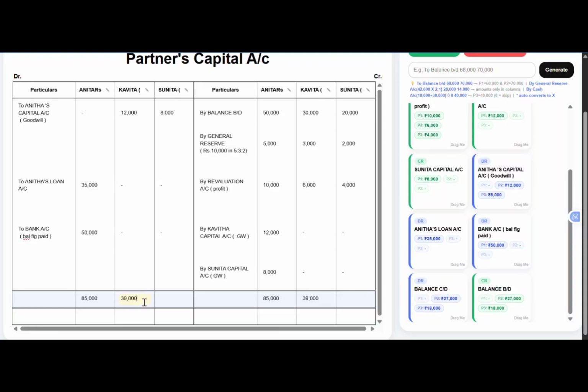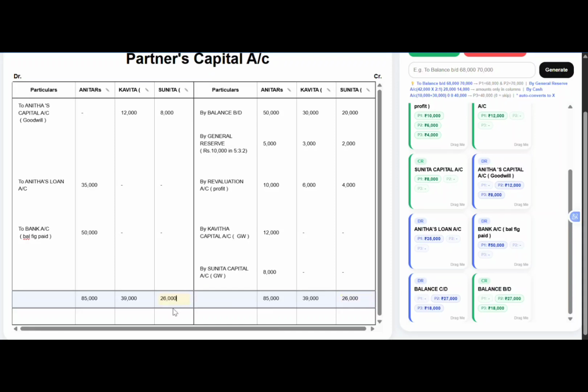Now once you have written, find the balancing figure by deducting 12,000 from 39,000 on the debit side. So the balance of Kavita will be 27,000, and for Sunita again the total will be 26,000, that is credit side is more, which will be written on both the sides.